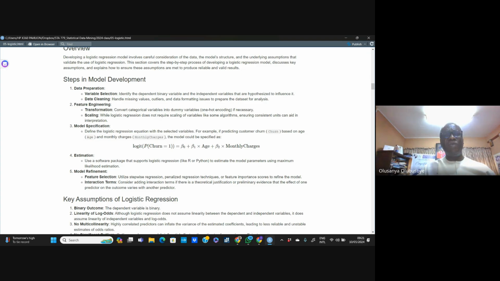This time we will define our logistic regression equation with the variables that we have decided. So our logit will be the probability of the exchange rate appreciating, that is, probability of exchange rate equals 1.